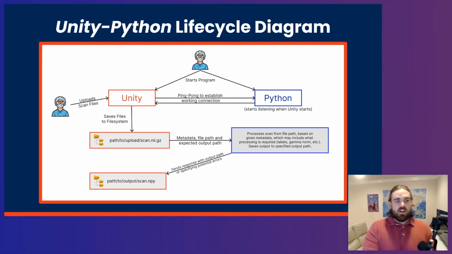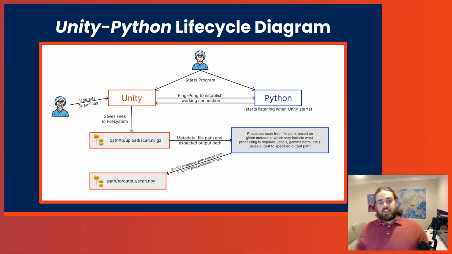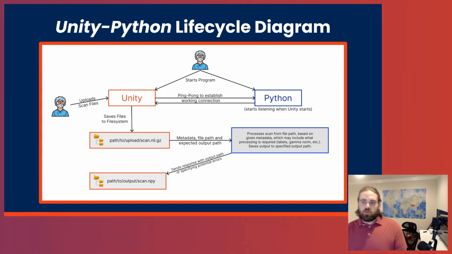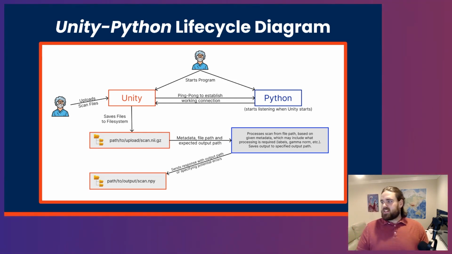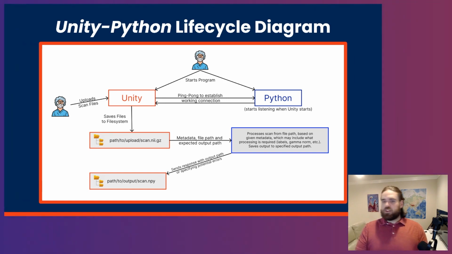Unity then saves the scan they upload in a file system, and sends the file path and everything needed to process the scan, like what they actually want. Python does all the pre-processing and the segmentation on its own, and then creates a whole new file, which is sent back to Unity, and she can actually visualize it in Unity.